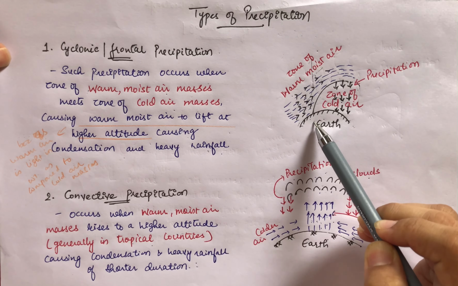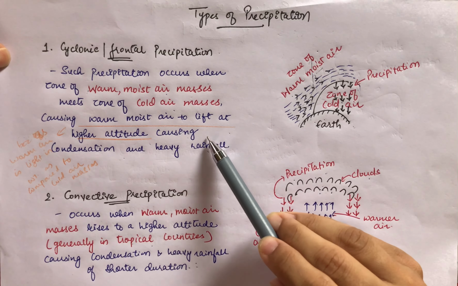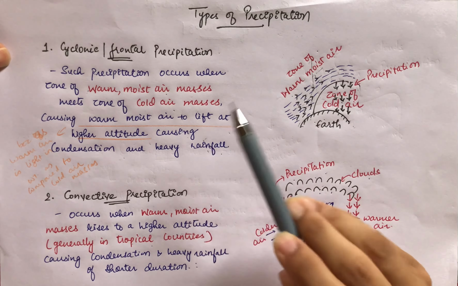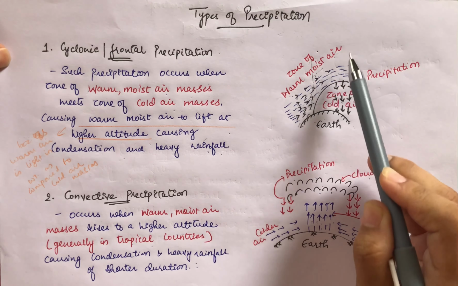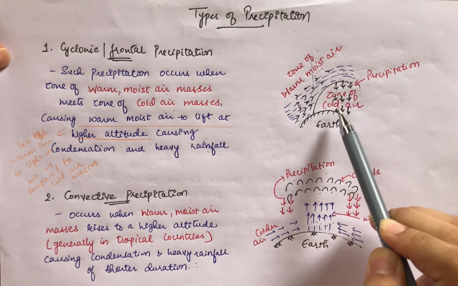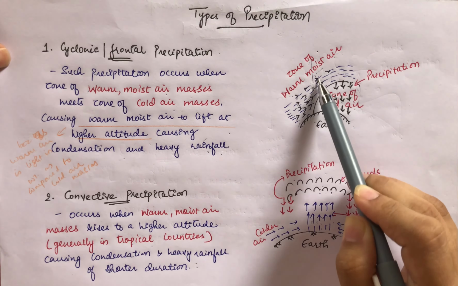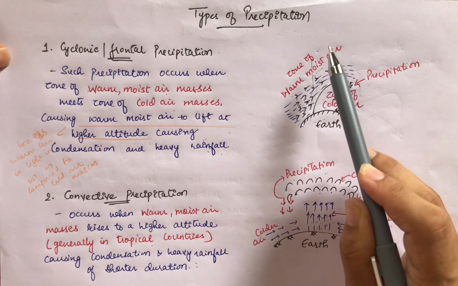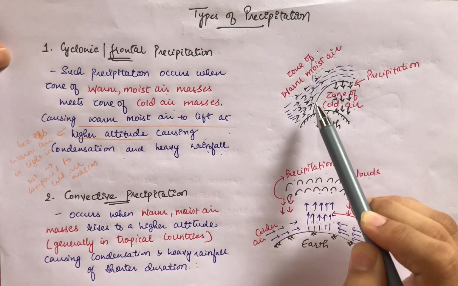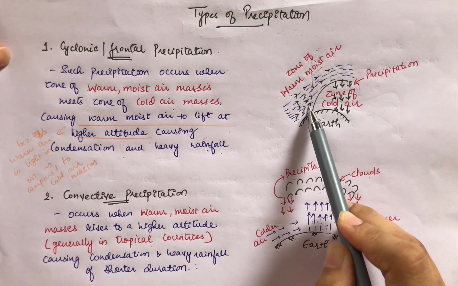If such kind of precipitation is occurring, then it is known as cyclonic or frontal precipitation, where warm moist air meets the zone of cold air. It reaches a higher altitude because of its lesser weight and then results in condensation and heavy rainfall.